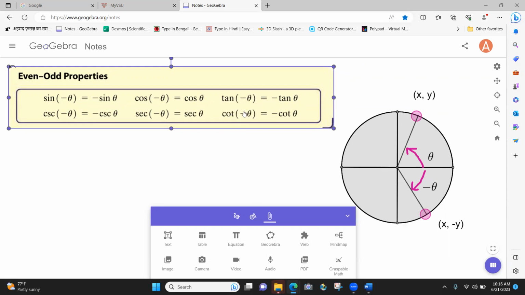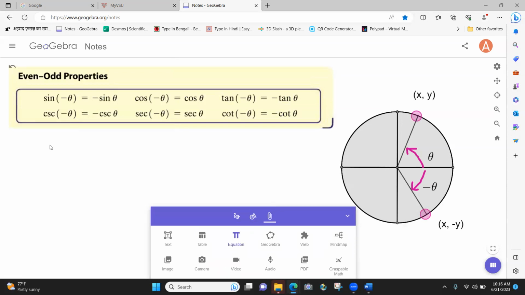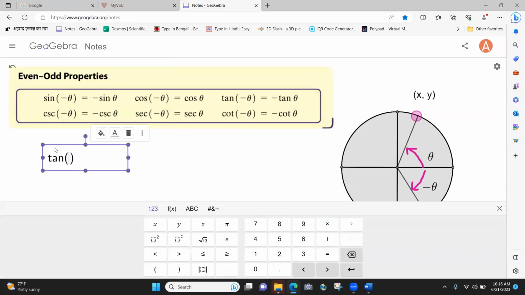Let's work on tangent. So I'm going to prove to you that tan of negative theta, if this is theta and this is negative theta, of course my rope could have been longer and I could have been in the third quadrant or second quadrant, doesn't matter. It would work the same way. So let's try it. Tan of minus theta is equal to sine of minus theta divided by cosine of negative theta.